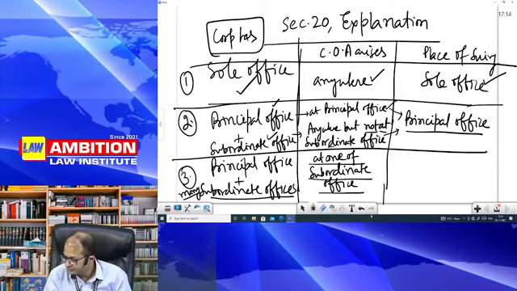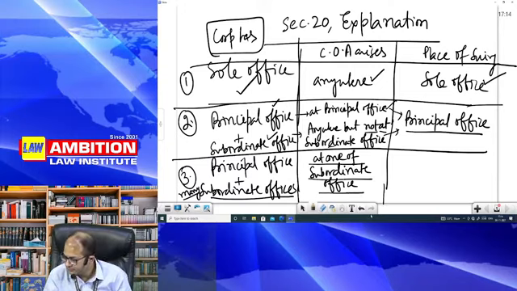Now then there is another question related to these questions. Jurisdictions are provided in sections 15 to 20.